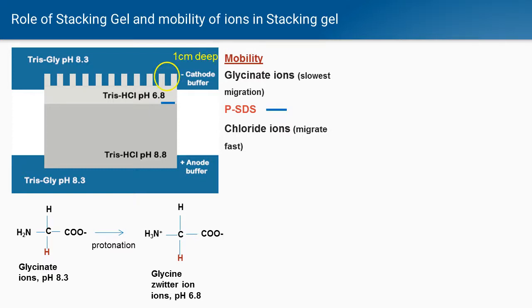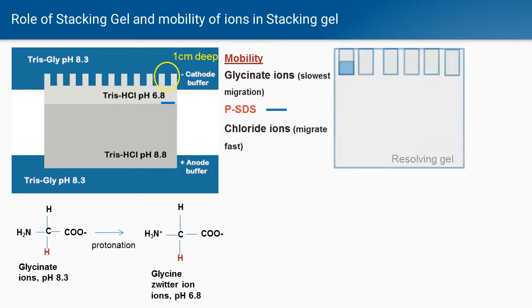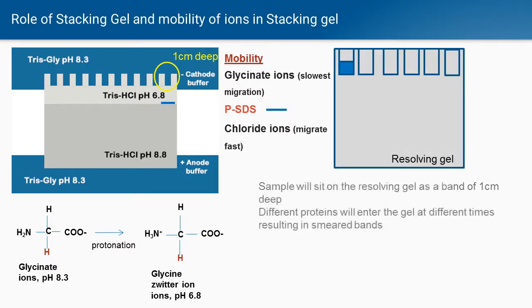What if we don't use this stacking gel? What will happen? See, observe here, the well is 1 centimeter deep. So if we are not using the stacking gel, all our protein samples of different molecular size will sit on the resolving gel as a band of 1 centimeter.